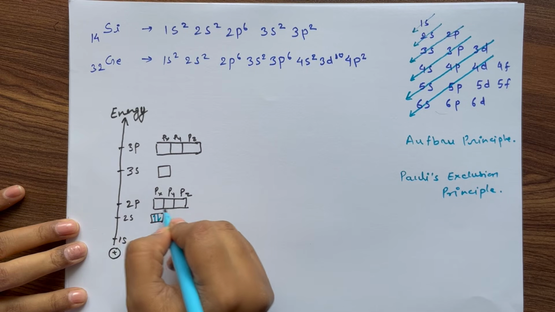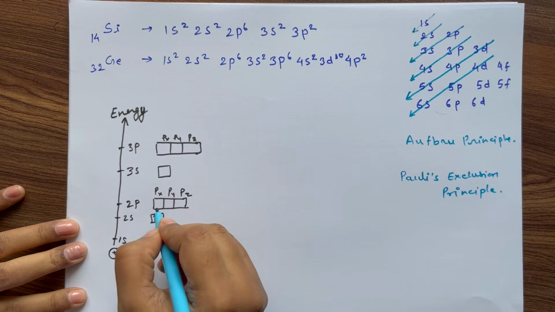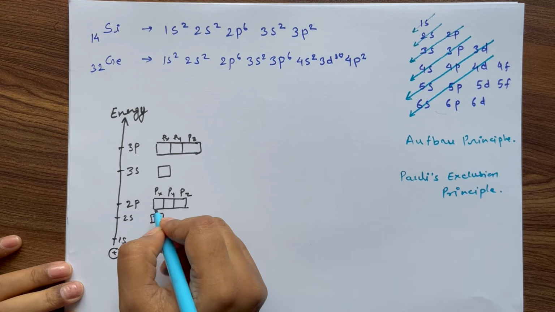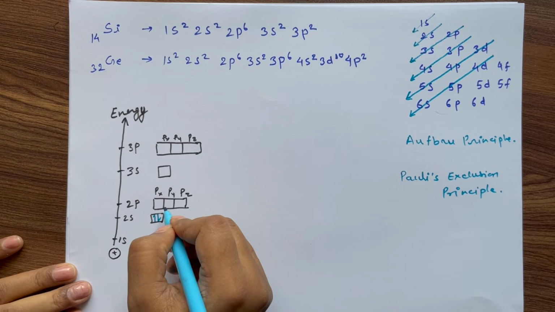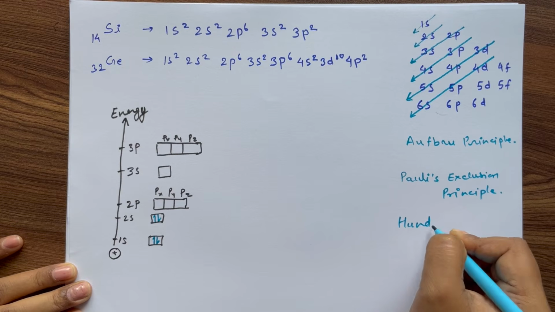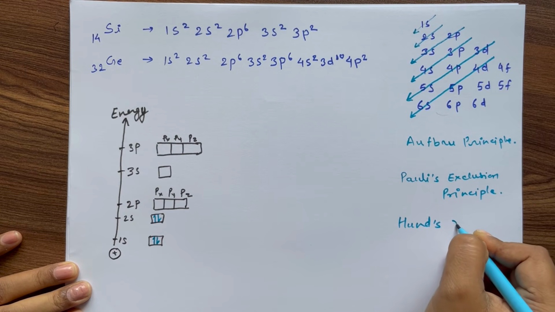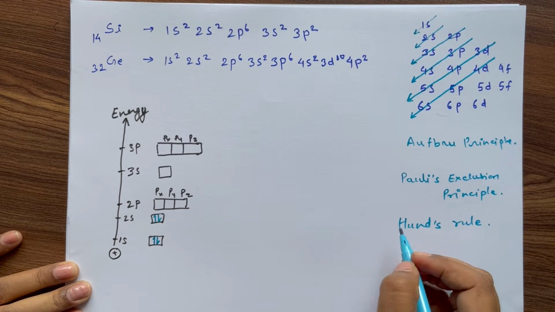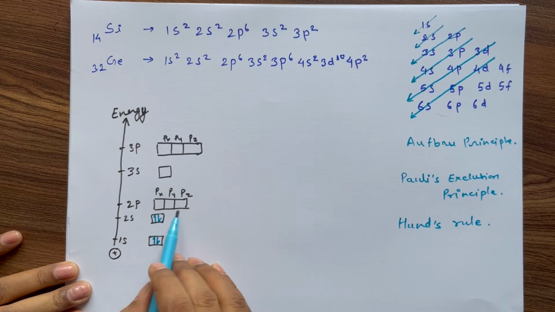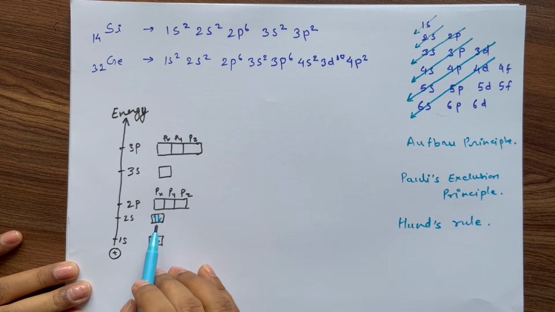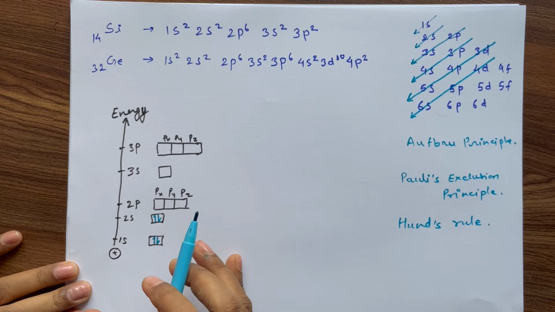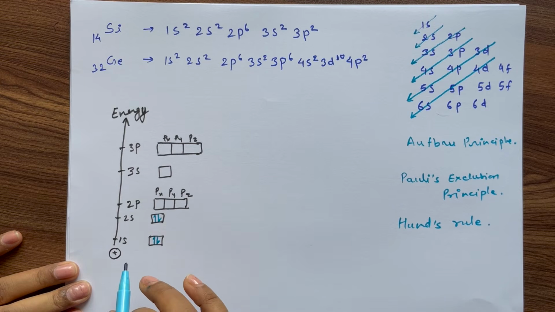So again, this filling of the electrons, where the electrons go first, this is defined by Hund's rule. It says every orbital in a subshell is singly occupied by electron before a second electron is filled in this orbital.